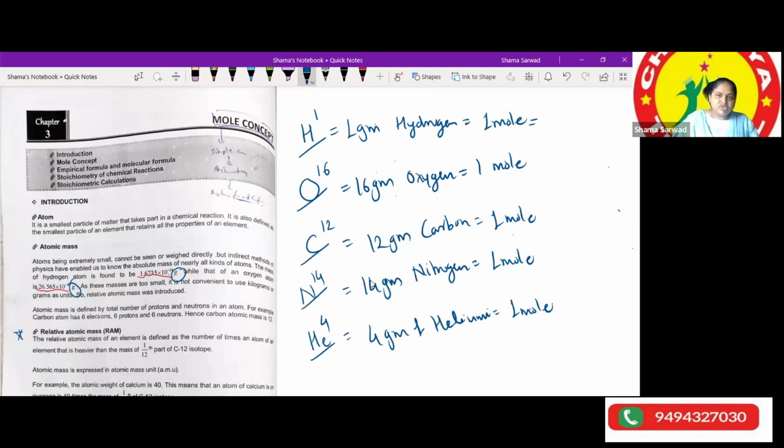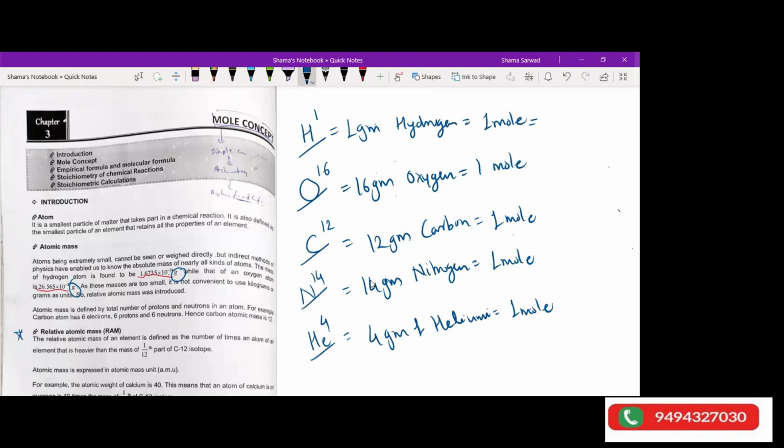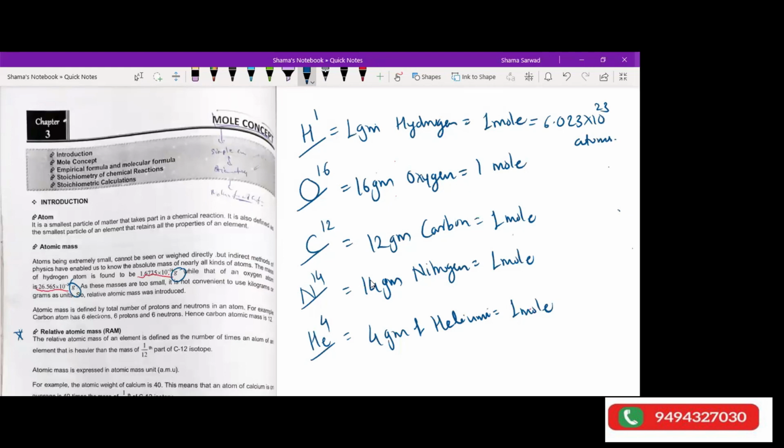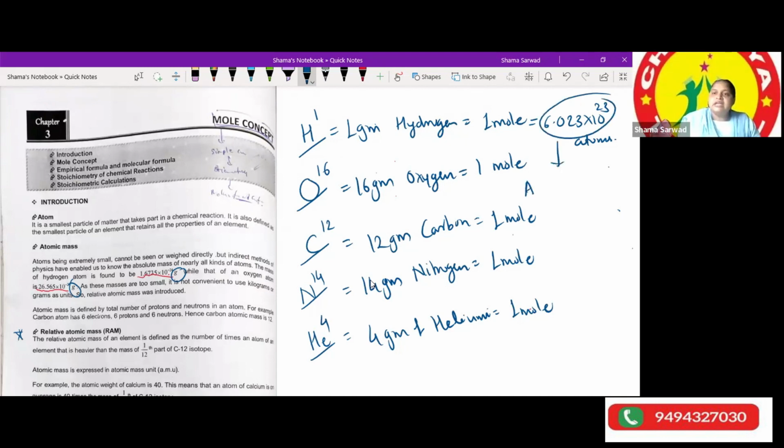So each and every 1 mole of an element will contain how many? 6.023 into 10 raised to 23 atoms. Correct? What is this? It is called Avogadro's number. Avogadro's number. Clear?